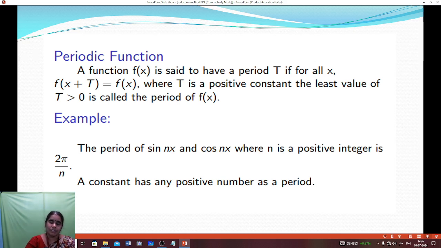In order to do that, we need the periodic function definition. If f of x plus t is the same as f of x, then t is equal to the period. For example, the period of sin nx and cos nx, where n is a positive integer, is 2 pi by n. For any constant function, the period can be any positive number.